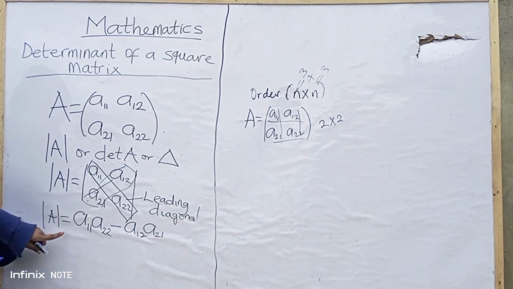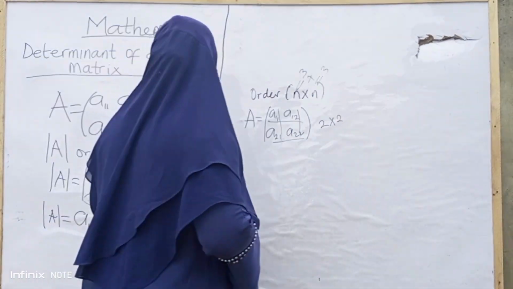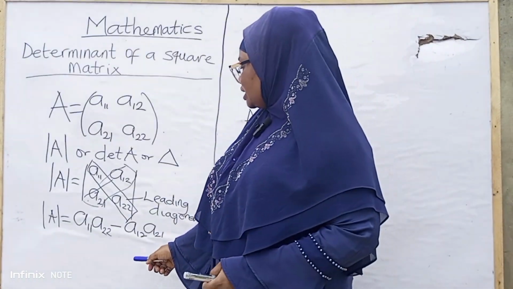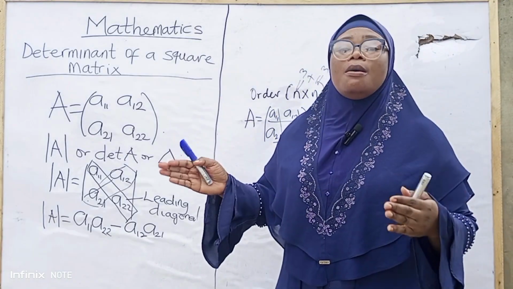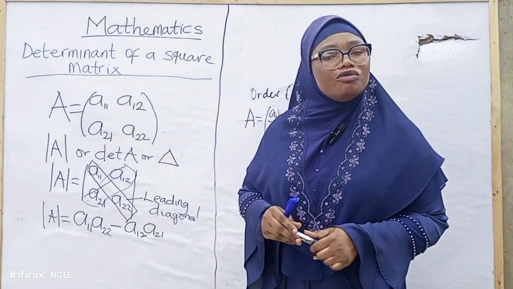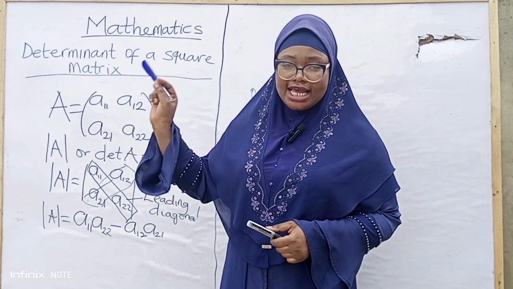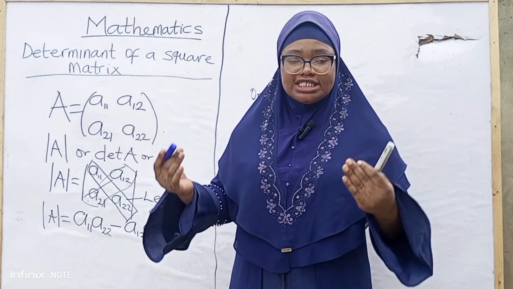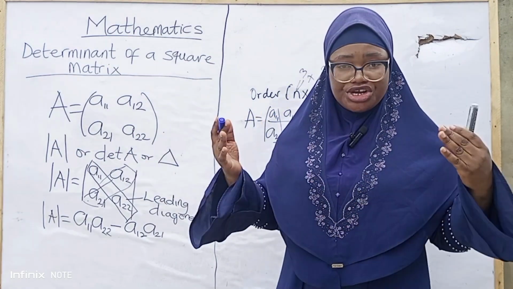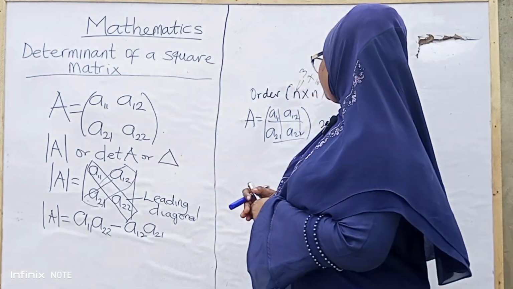So this is the determinant of a 2 by 2 matrix: the multiplication of the elements in the leading diagonal minus the multiplication of the elements in the second diagonal. Now let's see how to determine the determinant of a 3 by 3 matrix.